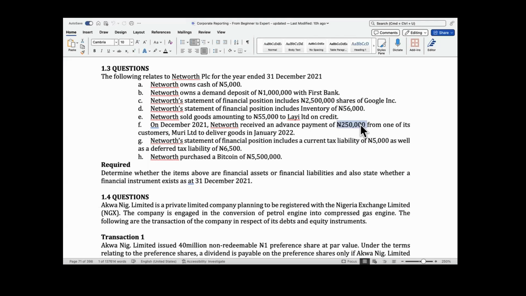For that reason, it is not a financial liability, it's just a contract liability. And Muri itself does not have a financial asset, because it's not receiving cash. What it will receive is goods. So we don't have any financial instrument contract here at all.